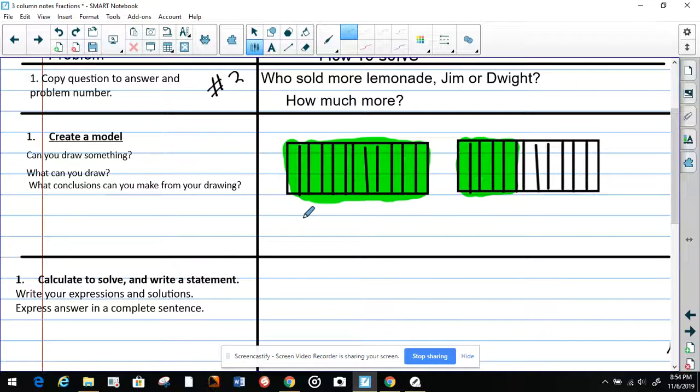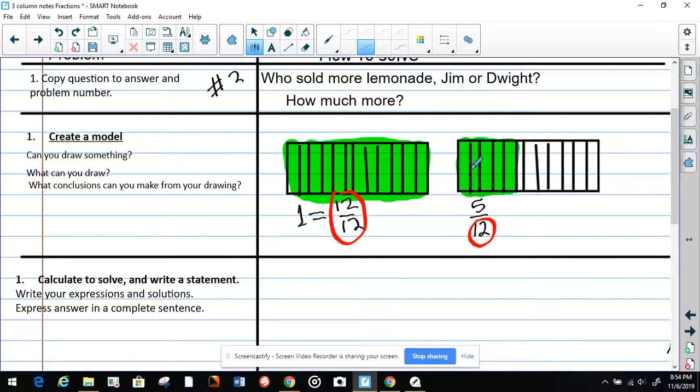So this is the 1 whole, and the 1 whole equals, again, 12 parts, 12 out of 12, which equals 1. And this right here is 5/12. Okay, and remember, this number right here, the 12, is the reason why we made the 1 into 12/12. And that's going to make it easier to solve our problem.